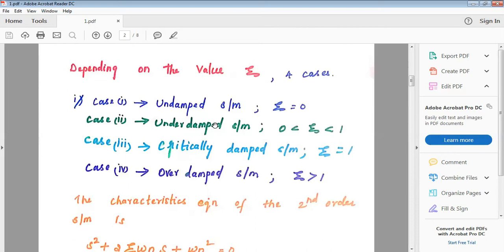Therefore, the value of omega d is equal to omega n into root of 1 minus theta square. If there is no damping force, the value of theta will be equal to 0, so the value of omega d will be equal to omega n. So damping frequency always depends on natural frequency and damping.